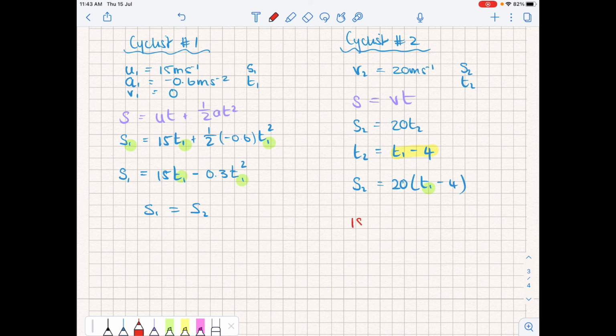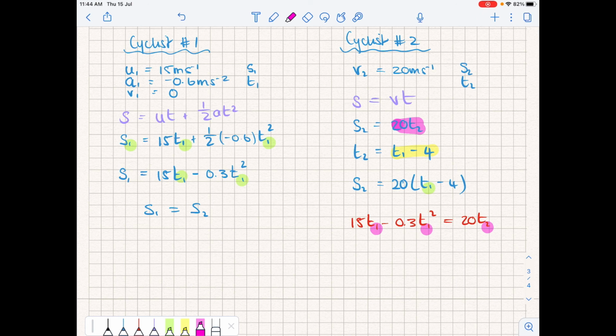You would be saying 15 t1 minus 0.3 t1 squared is equal to, going back to the incorrect one, 20 t2. These two are not the same. They may as well just be different variables.